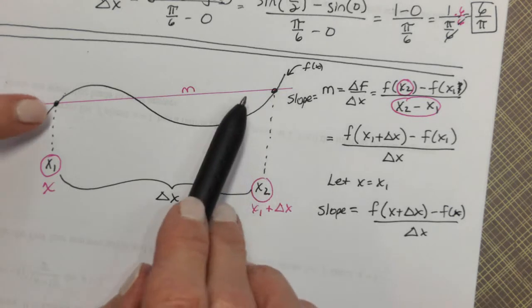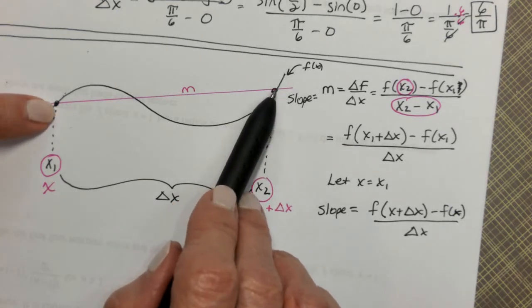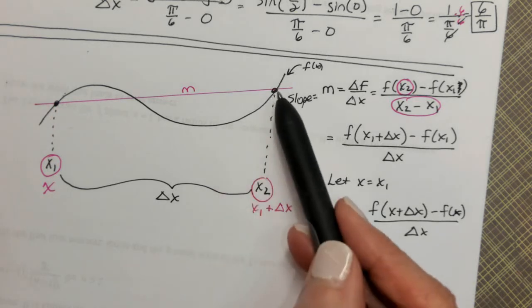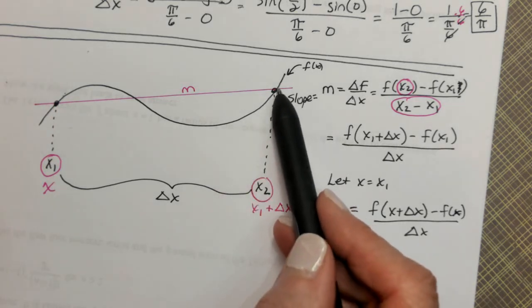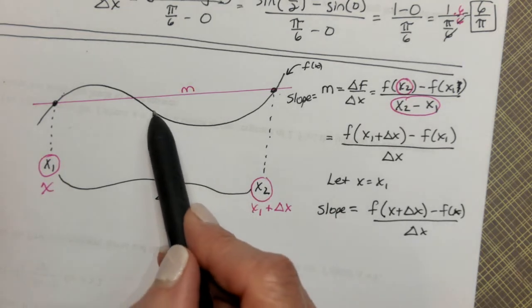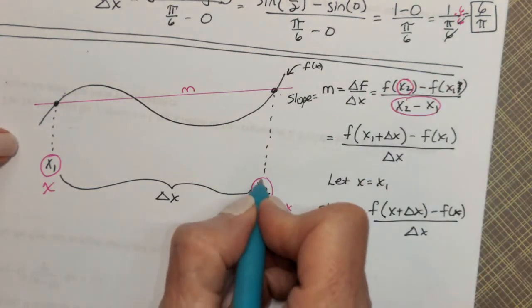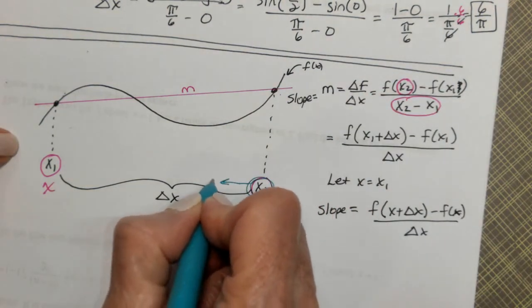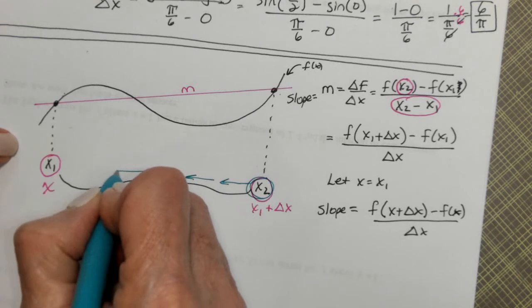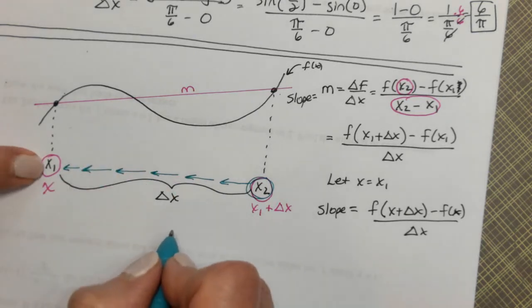Now, that's fine for the slope between these 2 points. What I'd like to do is move this point over here, my x sub 2. I'm going to let it move closer and closer and closer to x sub 1.